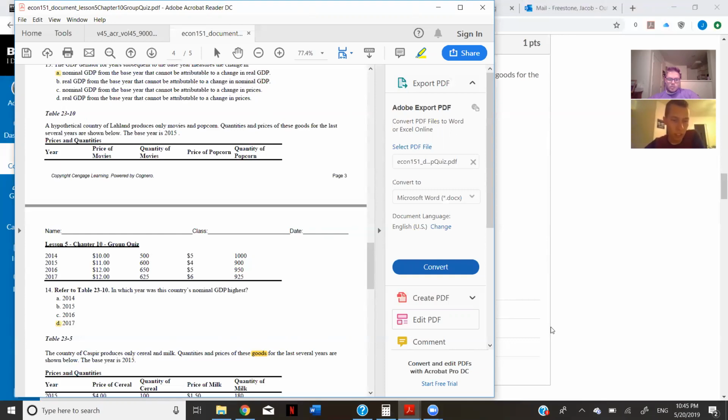You just do the same thing. You multiply the price times the quantity, but for the base year price. So it was $11. So you multiply them all by $11. Or no, nominal GDP. No. Nominal GDP is just straight across. 12 times 625, 6 times 925, and that was the most. It's 2017.